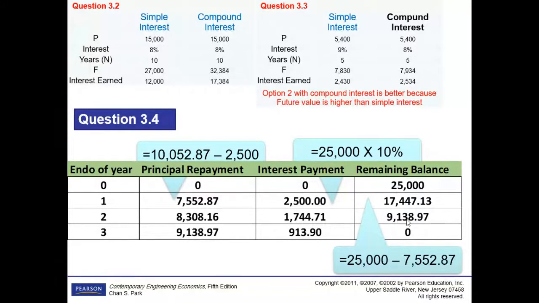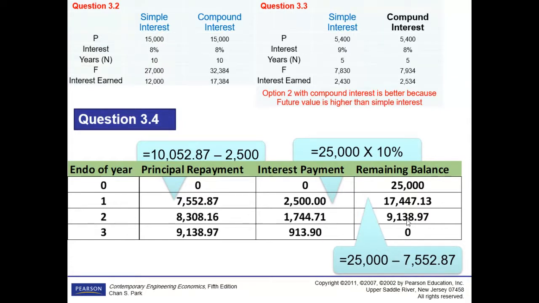Now similarly, you can continue with year 2 and complete it the same way. For example, the first thing you have to calculate in year 2 is 10% of your remaining balance, which will be your interest payment in year 2. Interest payment in year 2 will be 17,447.13 multiplied by 10%. So you get this number for interest payment in year 2. Then subtract this from your installment, and you get your principal repayment in year 2.